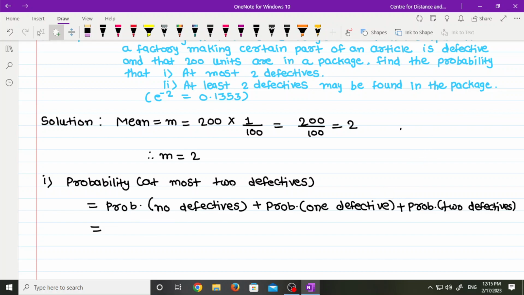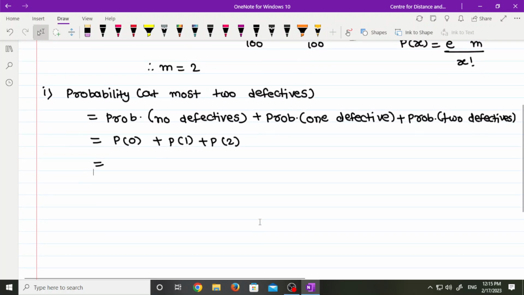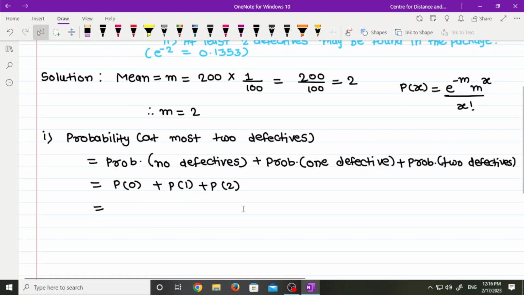First here we write down the formula p of x is equal to e raised to minus m, m raised to x divided by x factorial, that is here p of 0 plus p of 1 plus p of 2, which is equal to, for x is equal to 0, here we get e raised to minus m, for here m is equal to 2.